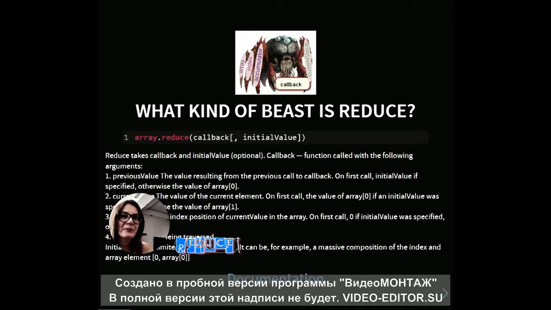The second is the current value, the value of the element on which the function operates on this iteration. It is important to remember here that on the first call, this will be equal to the first value in the array if the initial value is specified, and the second element if no initial value was specified.